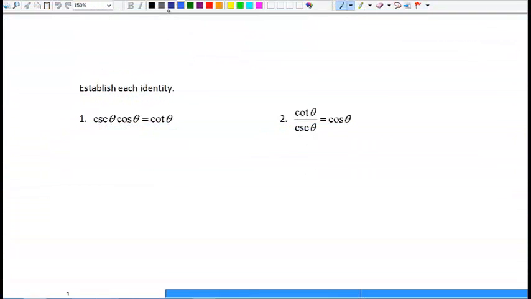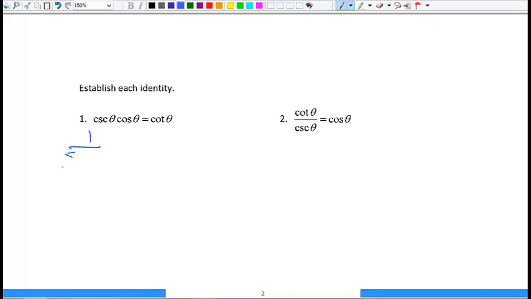Let's start with number one here, cosecant times cosine. Can I get that to show it equals cotangent? Well, how else can I write cosecant? Cosecant is really 1 over sine times cosine. Okay.